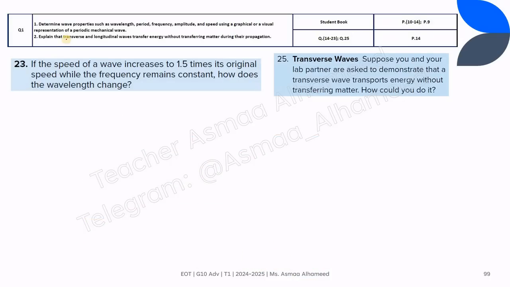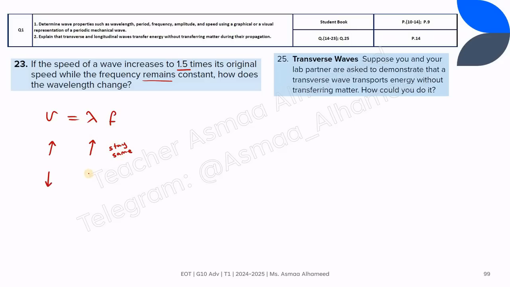Next question. If the speed of a wave increases to 1.4 times its original speed while the frequency remains the same, how does the wavelength change in this case? So here we have V is equal to lambda F. If the velocity increases, the wavelength increases, and this stays the same.